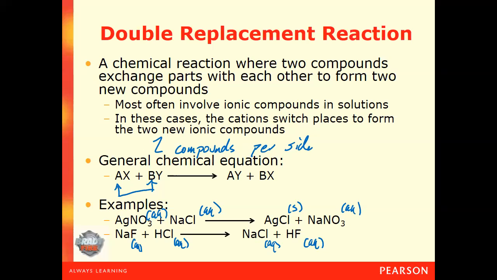Now sodium with fluoride, hydrogen with chloride. We start with two compounds, we end with two new compounds, and nothing has changed in terms of the makeup of the substances other than we have swapped ions.